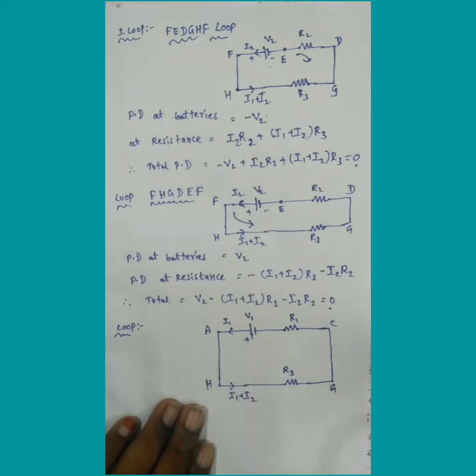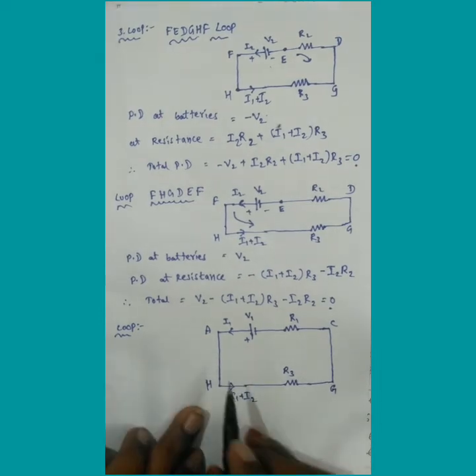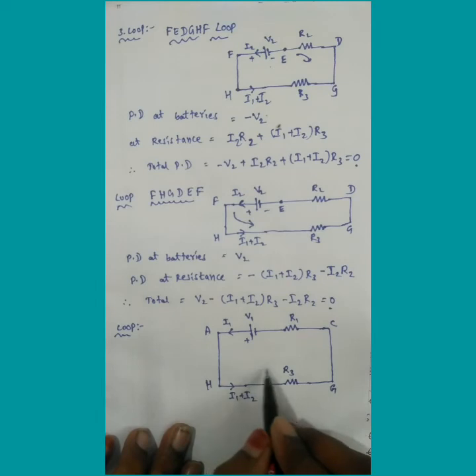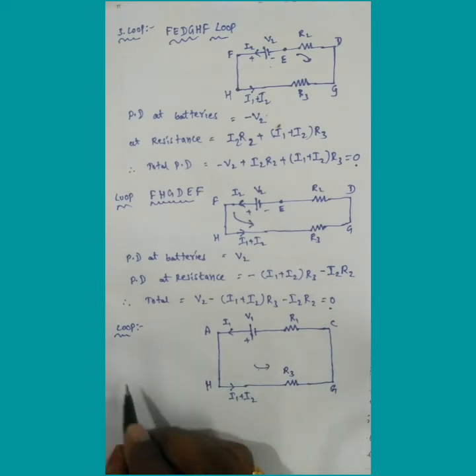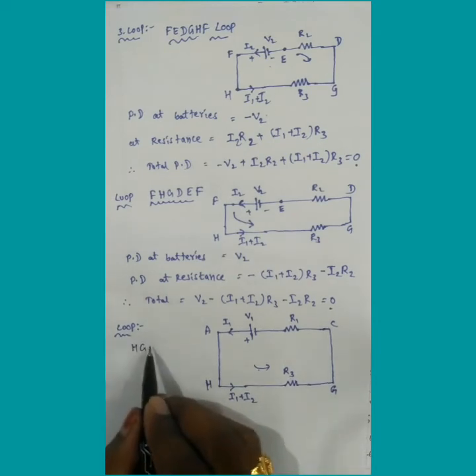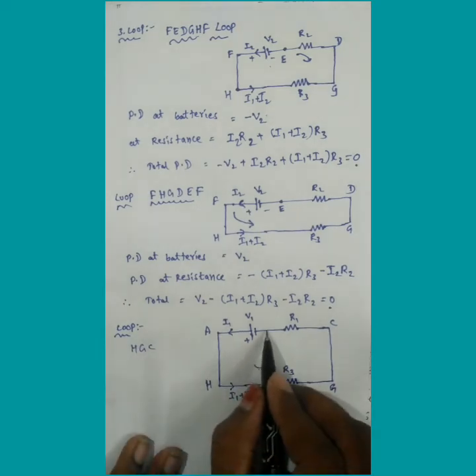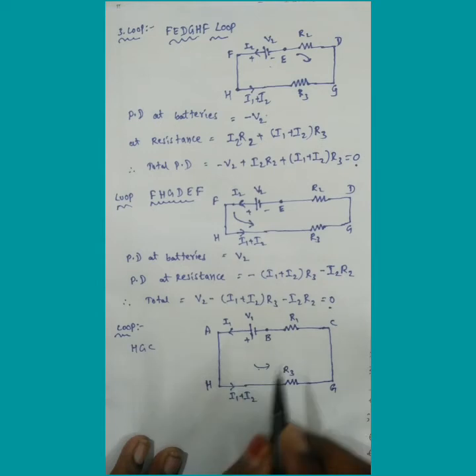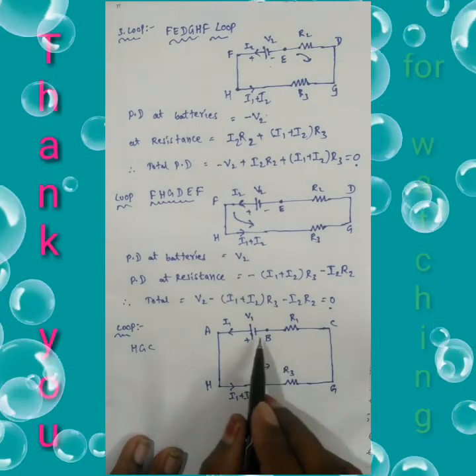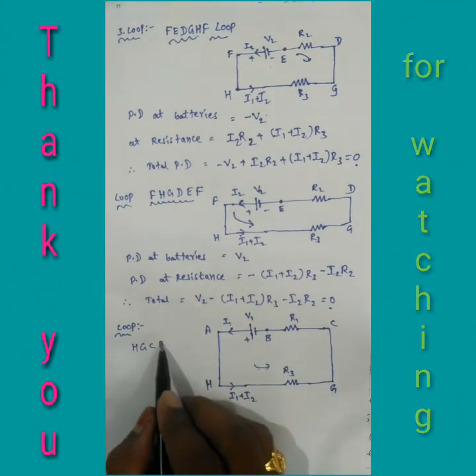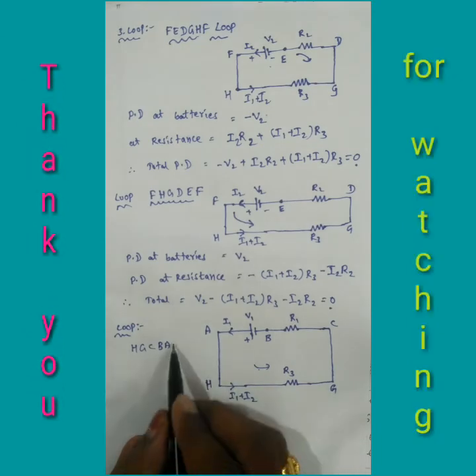First we are taking from H, in this direction, that means the anti-clockwise direction. That means the loop is from H to G, G to C, C to B, and B to A, and finally back to where we started, H.